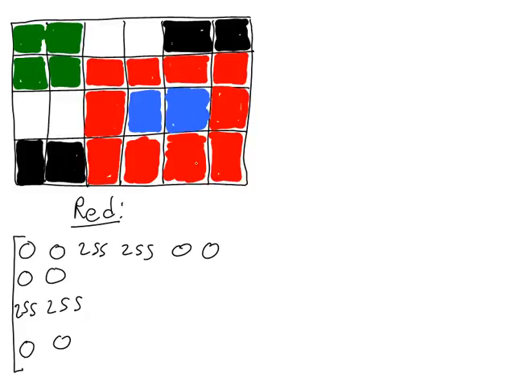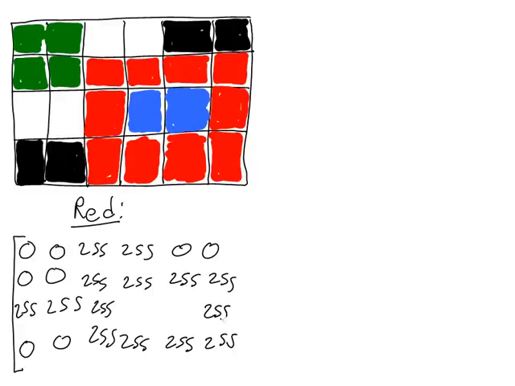All of the red pixels have full intensity of red light, so they all give a number of 255. The blue pixels have 0 intensity of red light, so they give a value of 0.